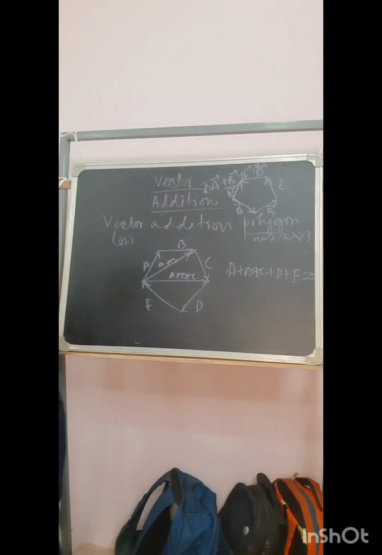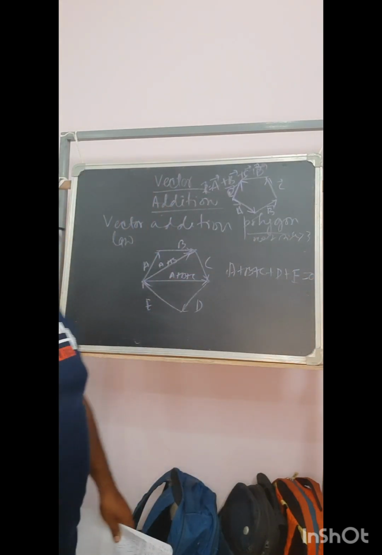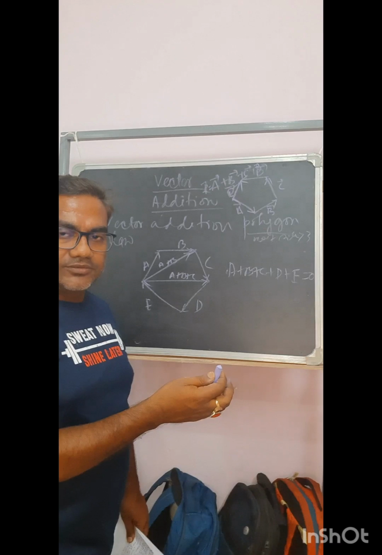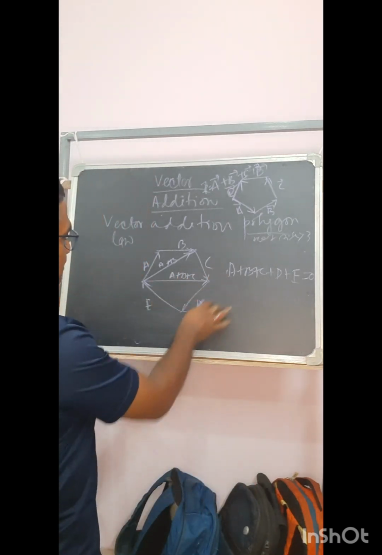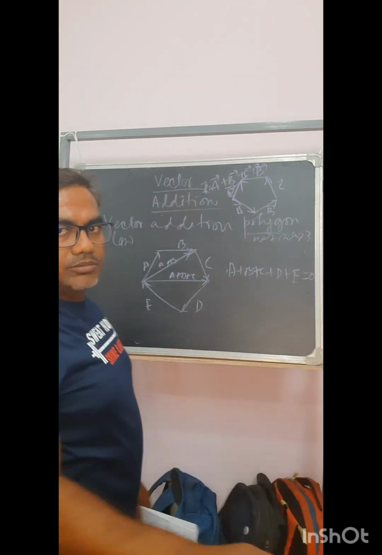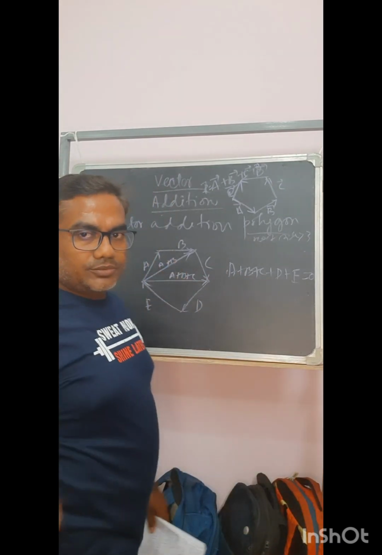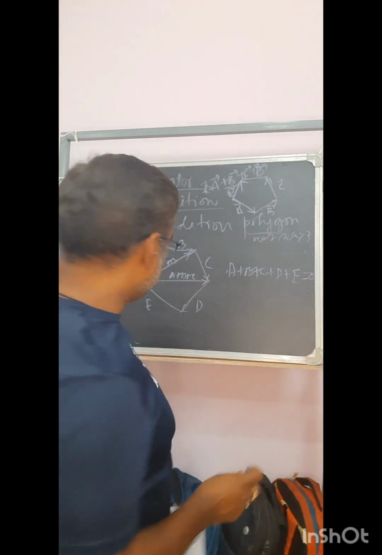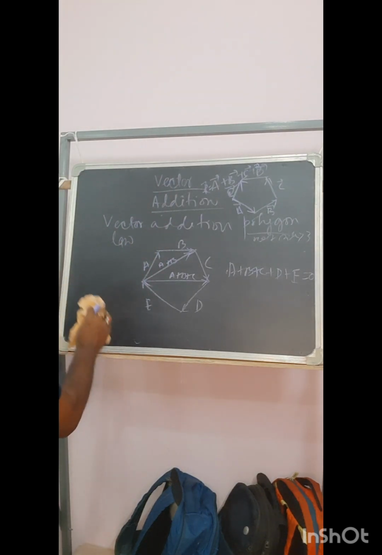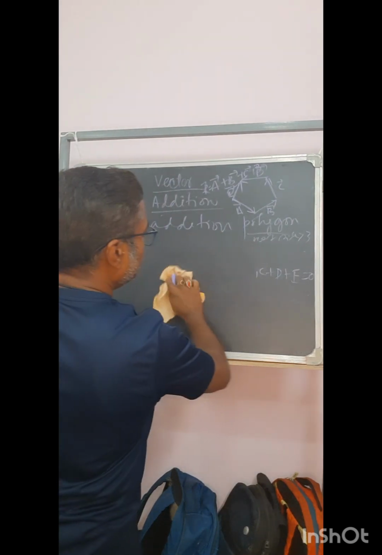So this proves the first part of the law of addition for polygons. Once the triangular law is true, the polygon law can be proved. This is the way I can prove the polygon law.